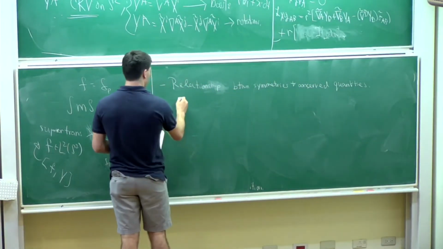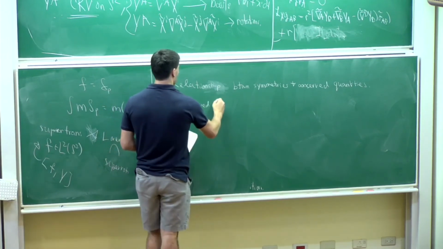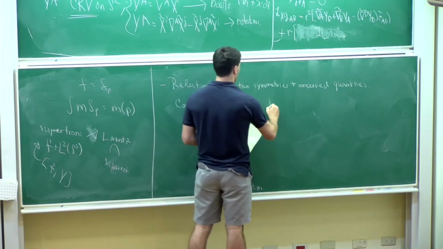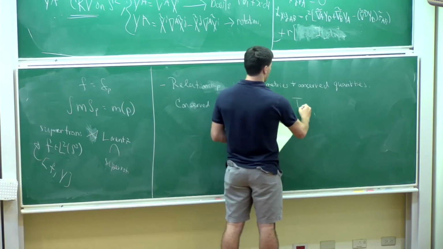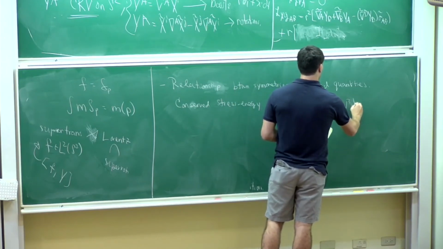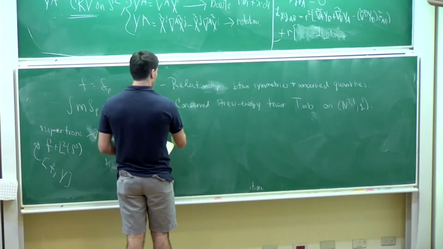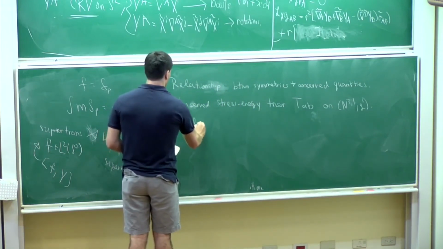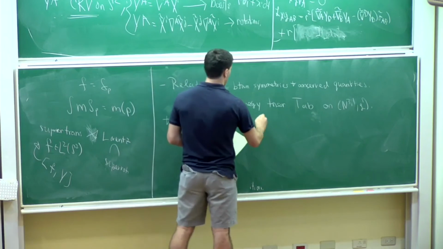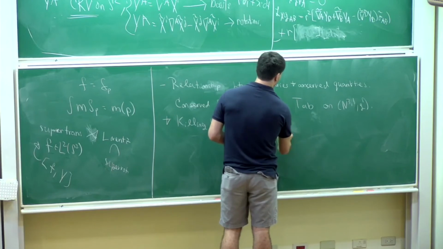So if you had a conserved, that is to say divergence-free, stress energy tensor on some background spacetime, so say T_ab is some conserved stress energy tensor on the same old background we've been working with so far, and if you had a Killing vector field, then what you can do is you can form a current.